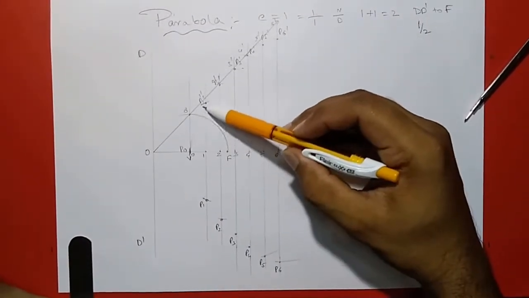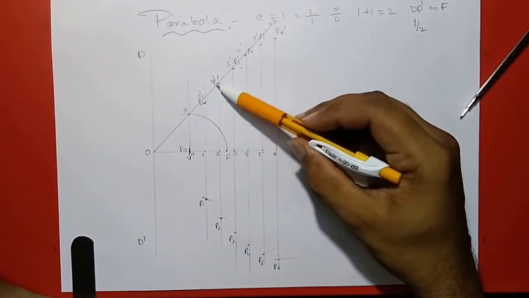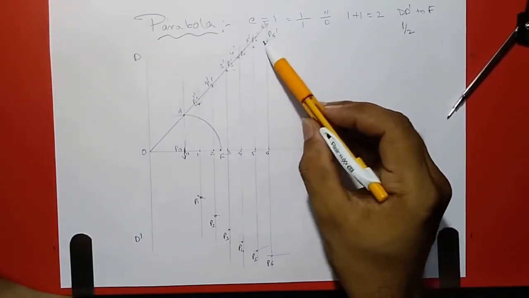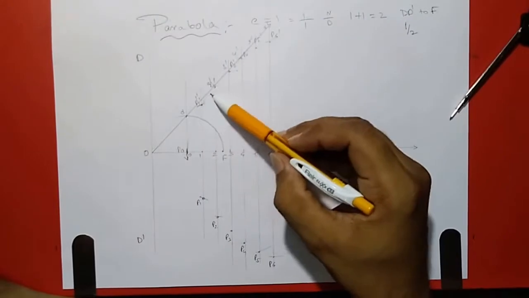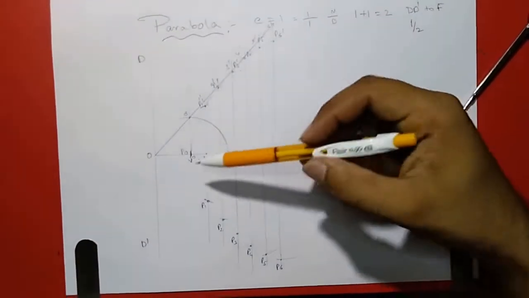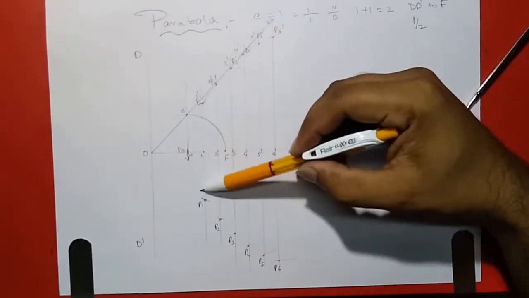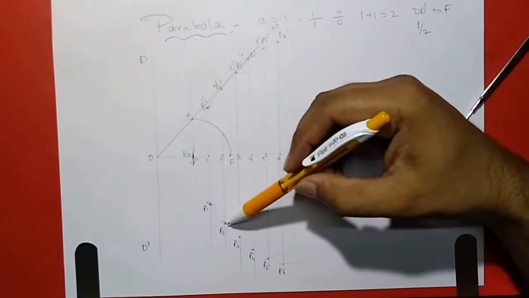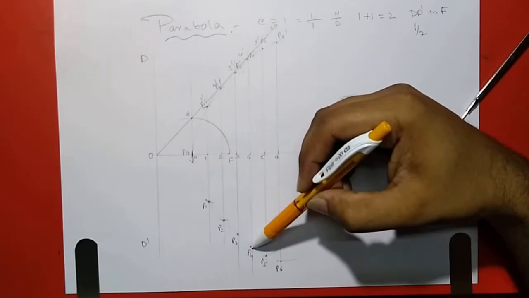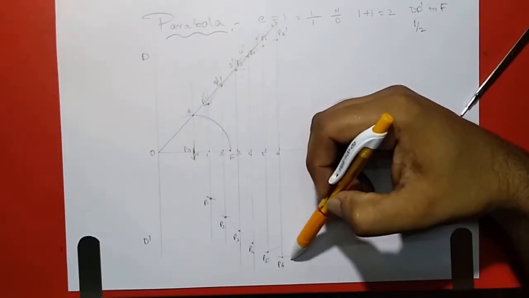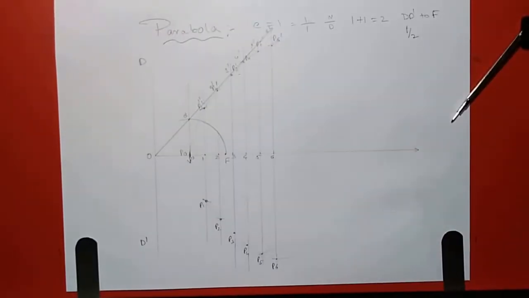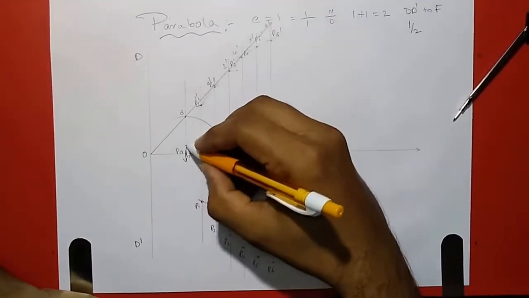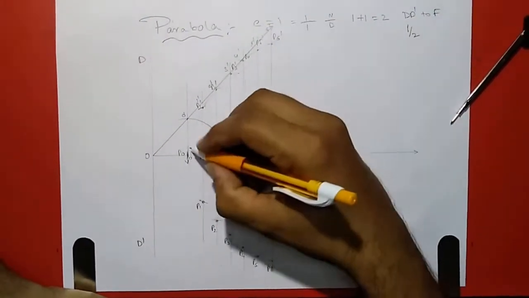First take light strokes joining each point. If any mistake happens, you can rub these strokes out because they are light. After darkening, if you erase, it will leave a mark on the sheet. So for that I am taking light strokes here.